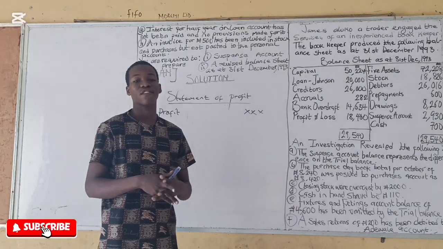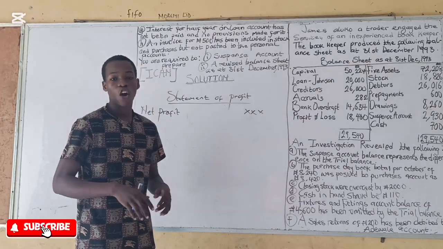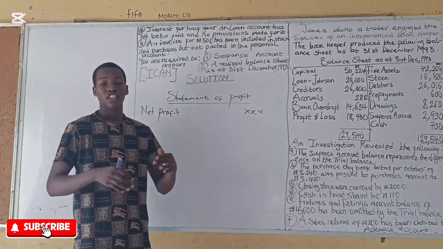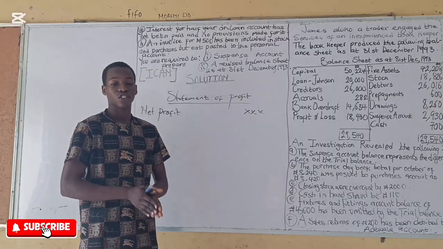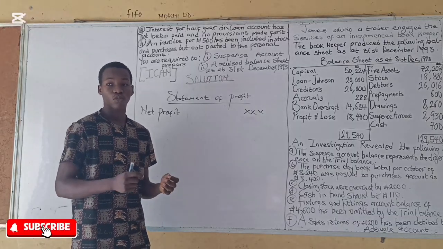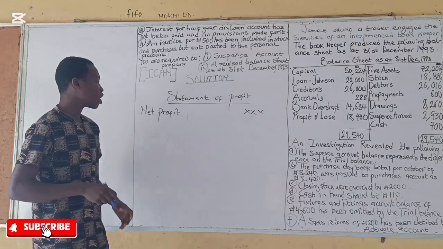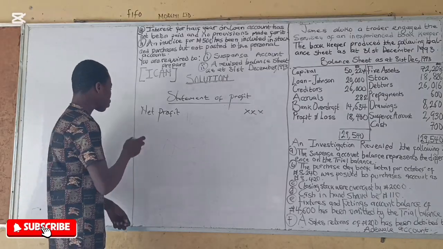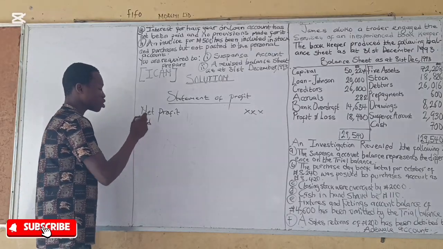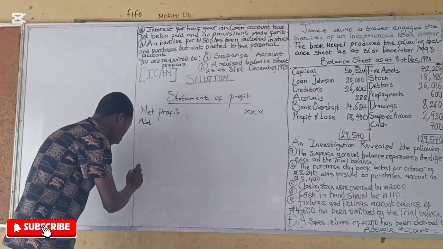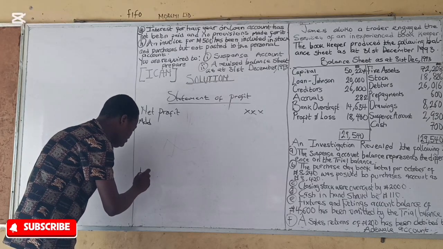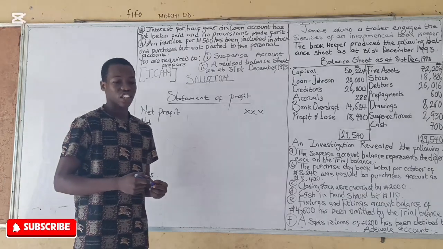All those things we used to do in our statement of profit and loss and other comprehensive income will affect your profit. We will not look at them one by one. There are some things that you are going to add to the net profit and some that you are going to deduct, which is less. Do you get it now?